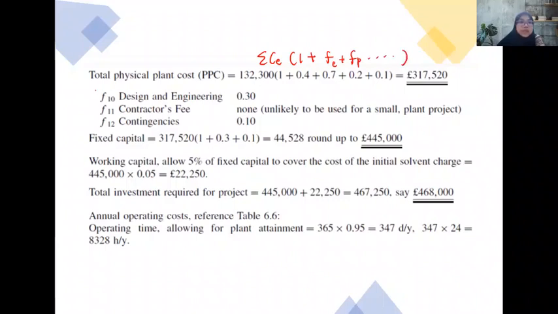And then after that, the indirect cost also should be considered before it gives us the value of the fixed capital. Then consider the working capital, which is about 5%, and after that, it gives us the value of the total capital investment. So this is the total investment capital.